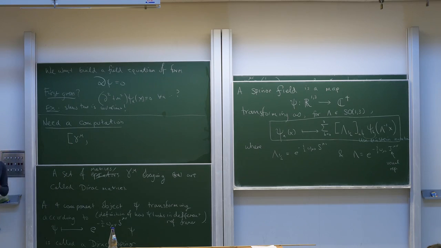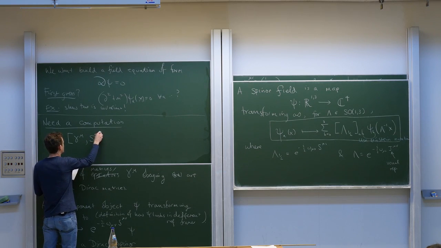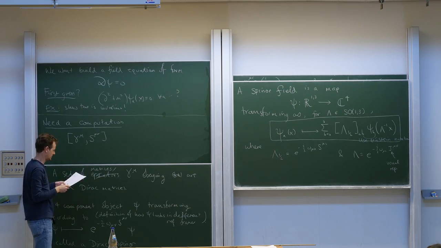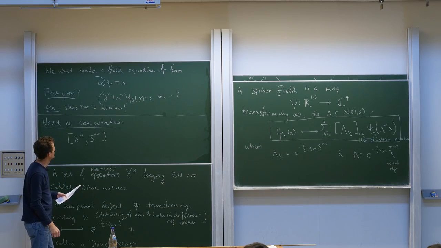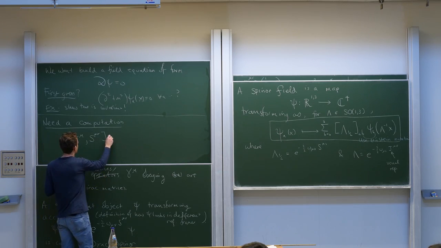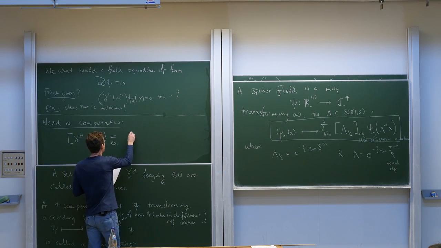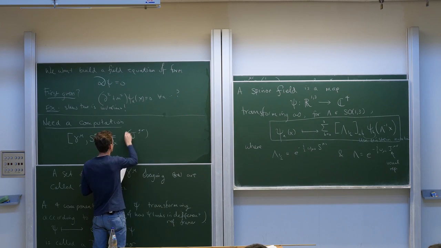So we have these gamma matrices, these 4x4 matrices here, and the computation we need to carry out in order to convince ourselves that the equation we're going to write down is correct is this commutation here. And it turns out, and that's a lovely exercise for you, that this is given by the following formula.